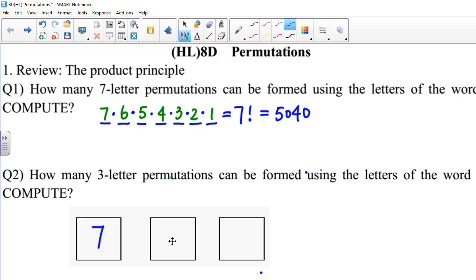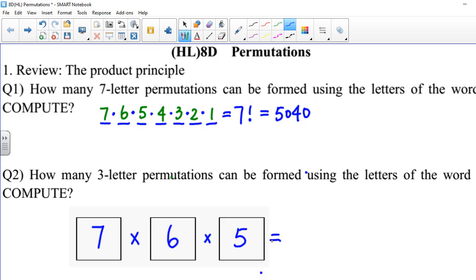So the second step, which is the second box, there are 6 different ways for me to choose. Likewise, the last box, which is the third step, I can have 5 letters to choose. I use the steps to finish the task. Therefore, I multiply the number of ways in each step up.